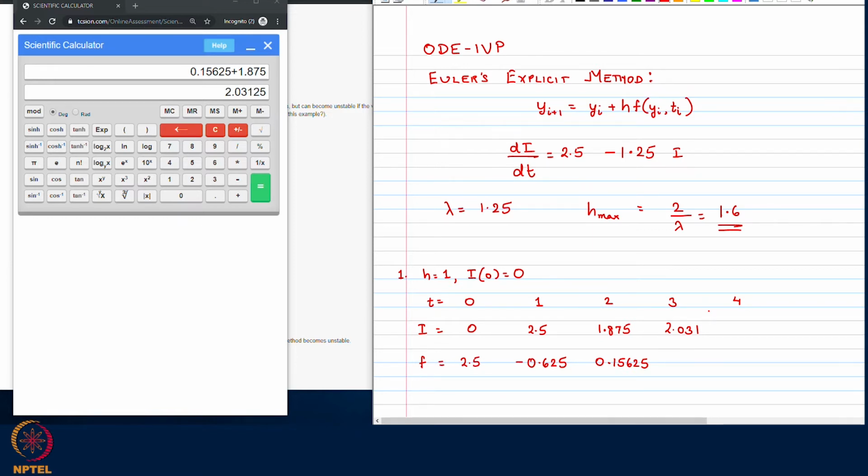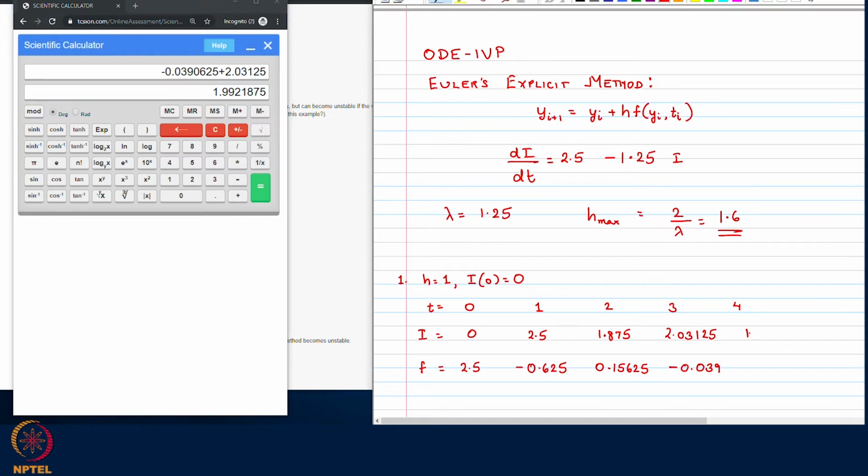Okay. Using 2.03125, we have f equal to 2.5 minus 1.25 into 2.03125, which is minus 0.039, and 2.03125 minus this gives 1.9922.